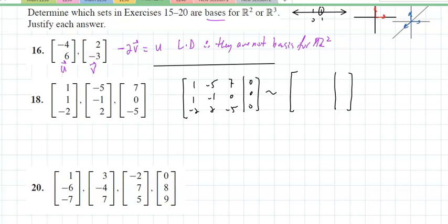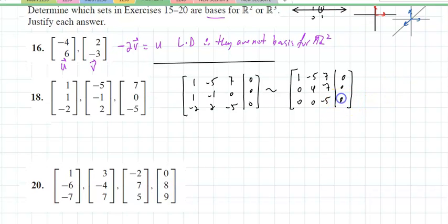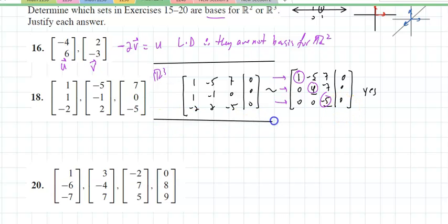This indicates that the only solution is x3 is 0, x2 is 0, and x1 is 0. So yes, they are linearly independent. Another way is to look for the pivots: 1, 2, 3, and they're talking about R3, so yes, it works. Those are linearly independent, and they form a basis because there are 3 of them.